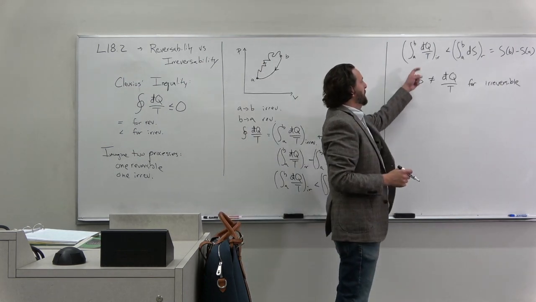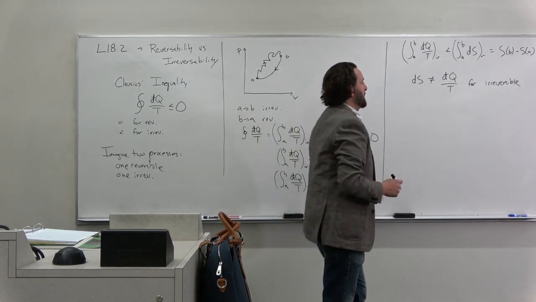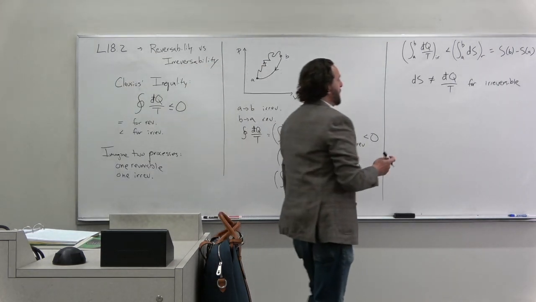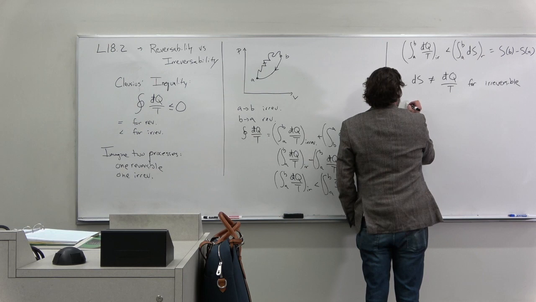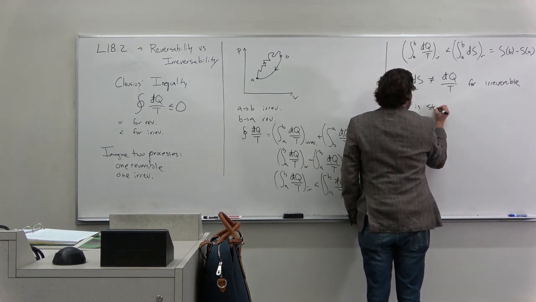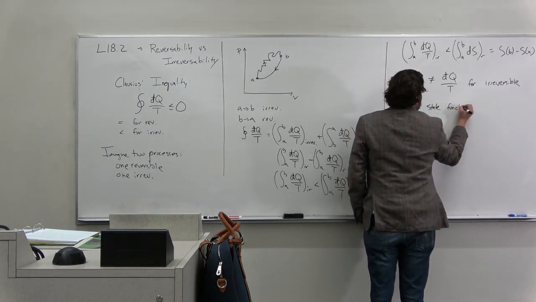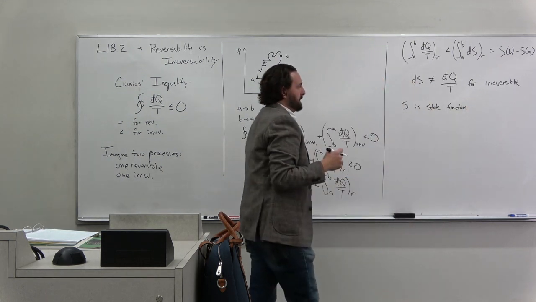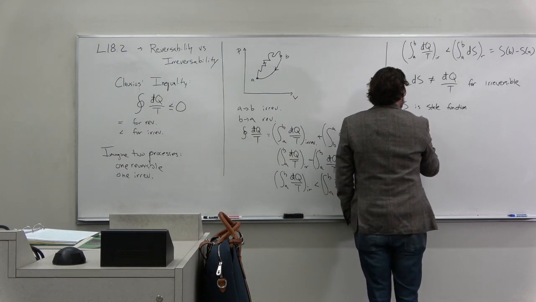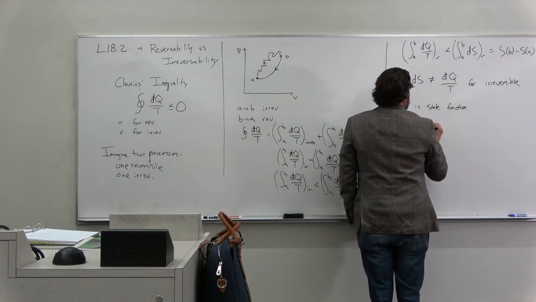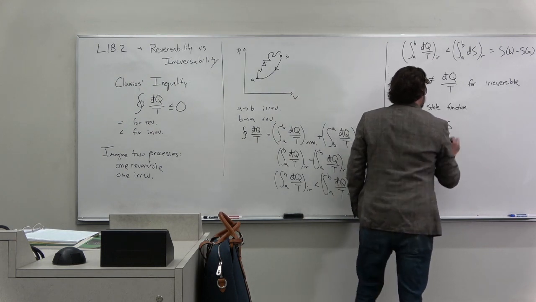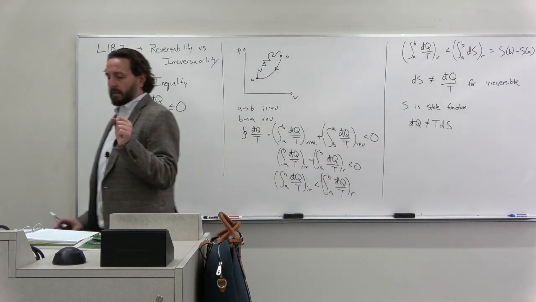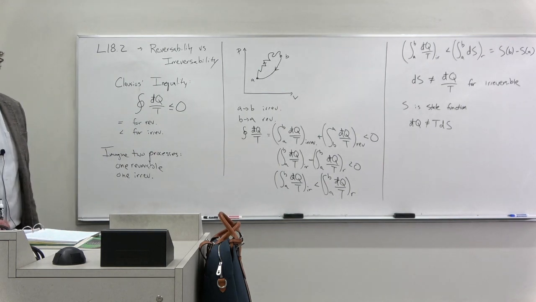This is why we're careful when we have to write dq over T versus when we write dS. Or another way we might say it really is dS is a state function, right? And so dS is always an exact differential. So maybe what we should really write is that it's the heat which might be different, right? dq is what might be different between a reversible and irreversible path. Okay?